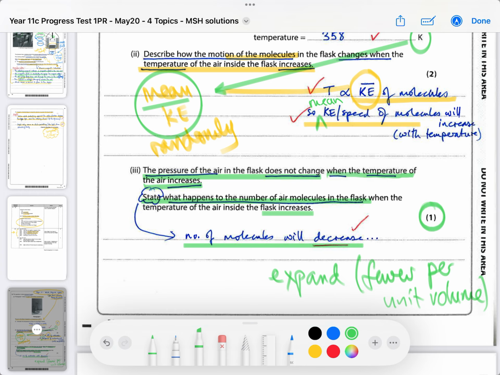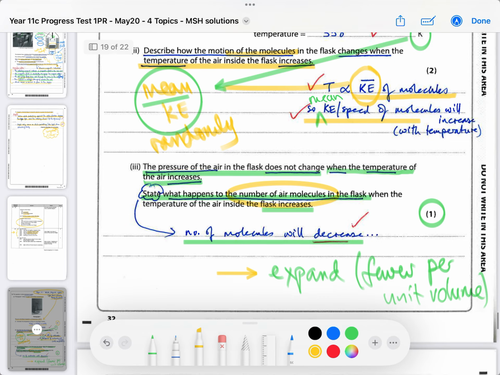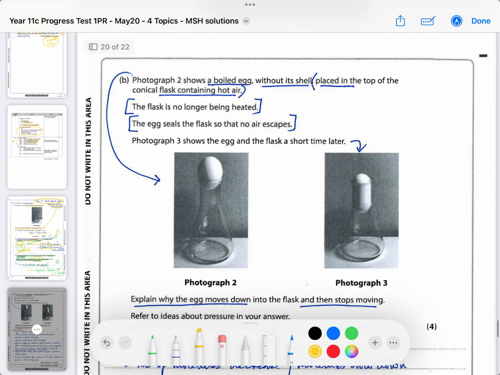Okay? So what happens to the number of molecules? Your choice is there'll be more, there'll be less, or be the same. A lot of students didn't read the question, and heat causes expansion. Expansion means they're spread further apart, so therefore there'll be fewer left in the flask after you've heated it.